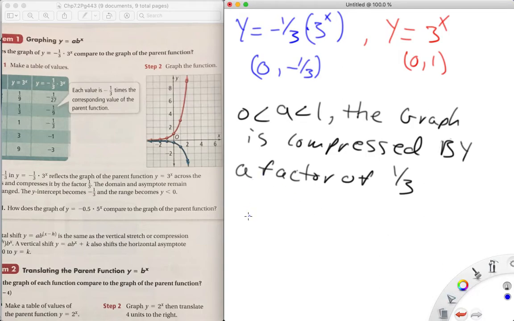Also, when a is negative, it flips across the x-axis, or it flips across its asymptote.